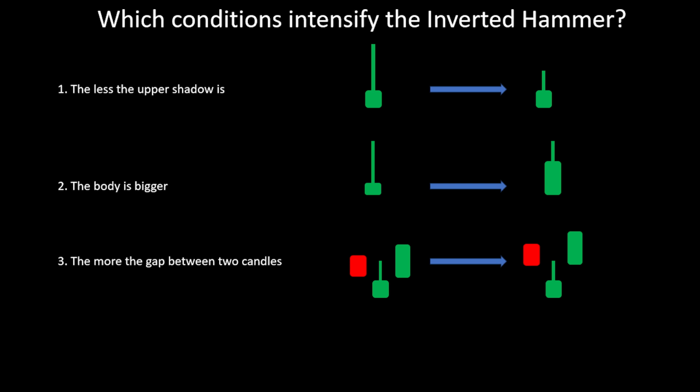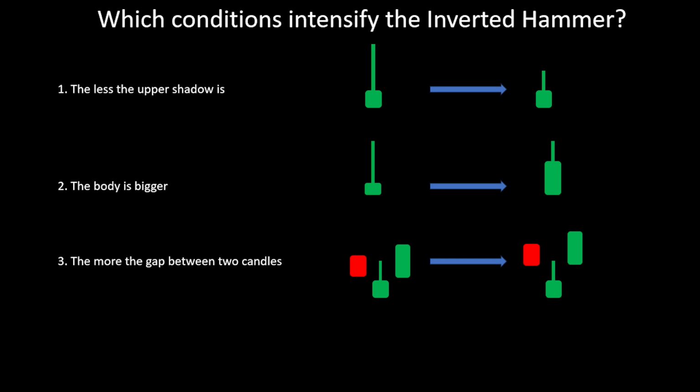I know that if the real body gets bigger and bigger, this pattern is not inverted hammer anymore. But a bigger body at the end of this downtrend will show that the market has changed its opinion and now the buyers are taking the control of the price.